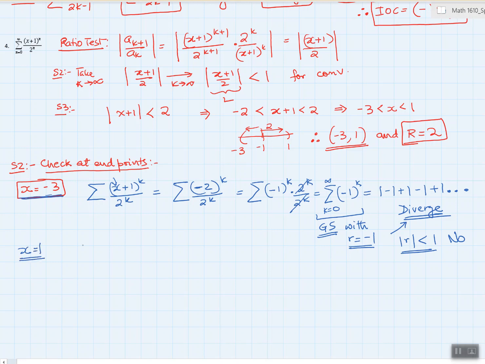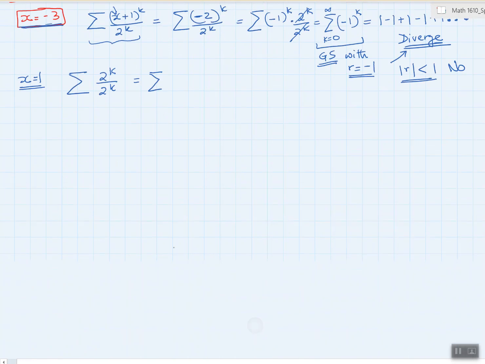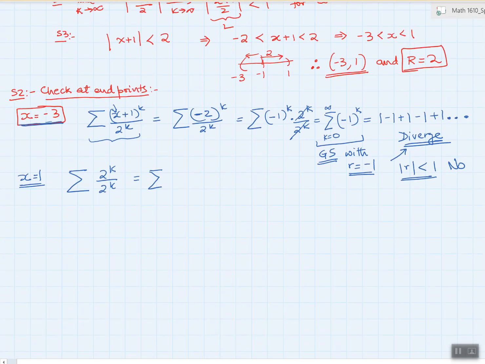X is 1. So if x is 1, in this power series I'm going to put x as 1. So I get 1 plus 1, which is 2 raised to the power k over 2 raised to the power k. But that just means the summation of 2 over 2 raised to the power k, which is the summation of 1 raised to the power k. Again, this is 1 plus 1 plus 1, which obviously diverges.